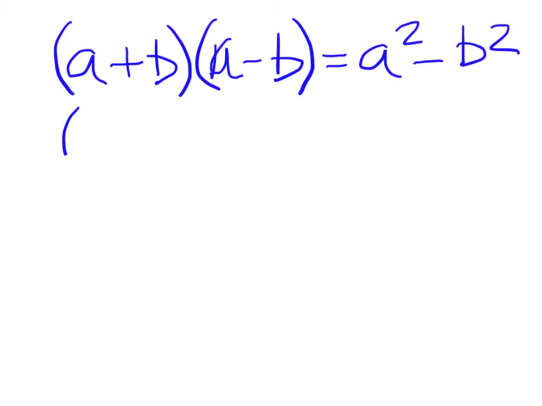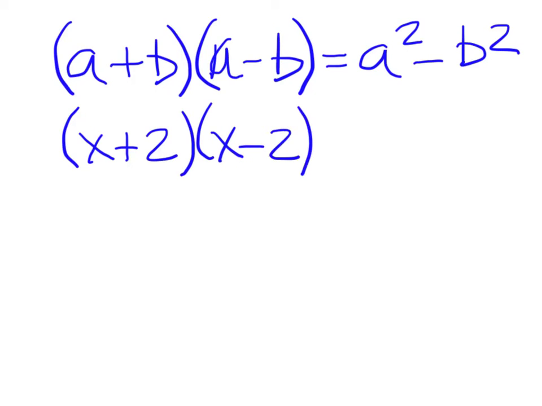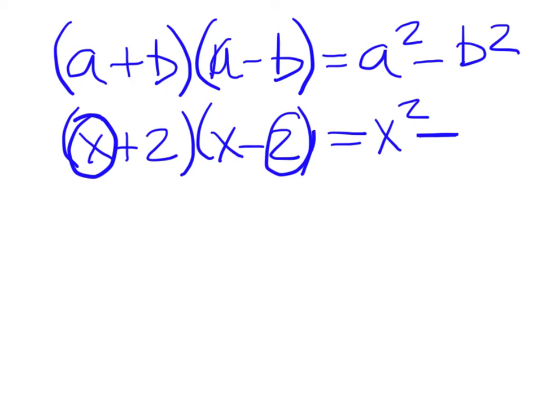So if I had x plus 2 and x minus 2, if the quantities are the same and the signs are different, then all you do is put a minus sign in the middle, square the first one, which is x squared, and then square the last one, which can be in either one of them. 2 squared is 4.